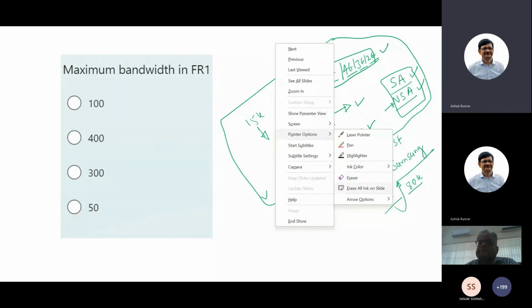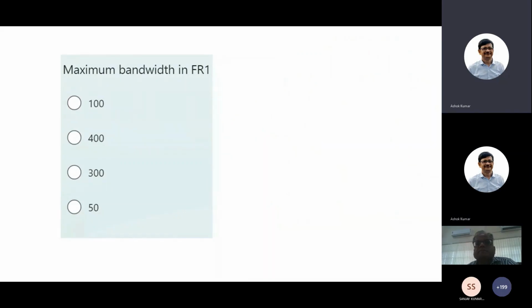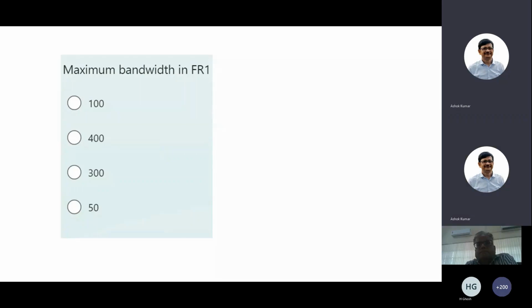Sir, I have a question. What I have seen is that above some 3 gigahertz, there is no FDD system. Why is it so? Only TDD is there. As we discussed earlier, the initial telecom systems were made for FDD because TDD was not possible due to less compute and less technology.